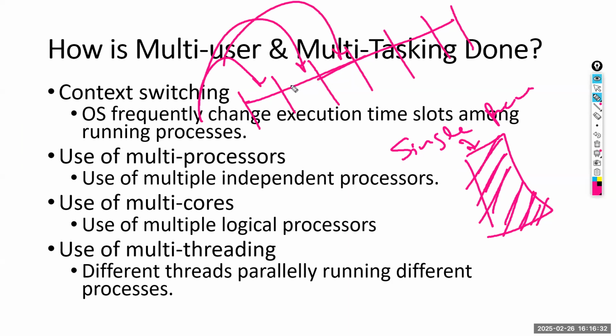Those slots are tiny, at millisecond level. Therefore, we feel like multiple programs are running, but in reality, a bit of this is running, a bit of that is running. Attention is given to this, then to that, and so on. When it happens so quickly, we feel like all these programs are running, but actually, at a time, only one program or process is running.